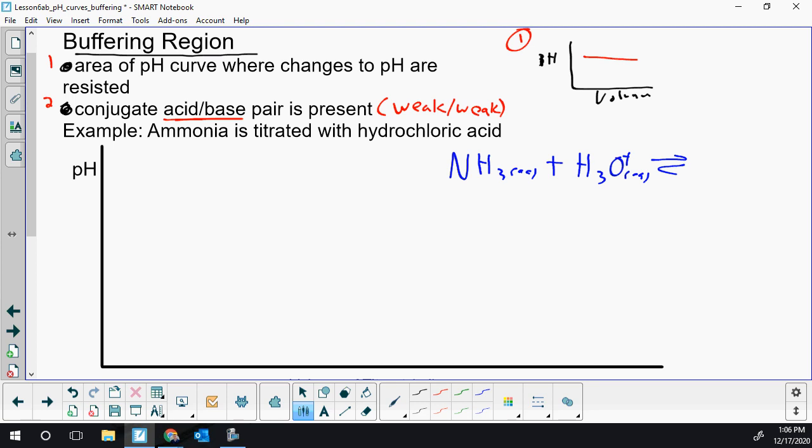So ammonia and hydronium, which came from the acid, is going to give us ammonium, NH4+, and water. That H plus transfer is from the second reactant to the first.